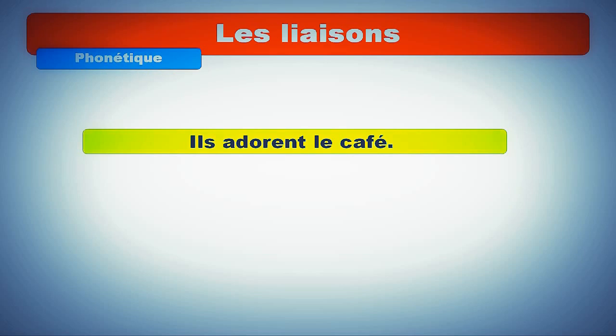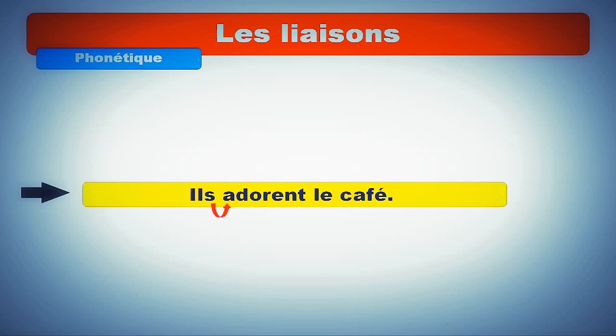So the idea of les liaisons is that if you get a simple sentence like this one, il adore le café, you could pronounce it like that, each word separately. But usually, French people tend to make this link, like you see here, between il and adore.